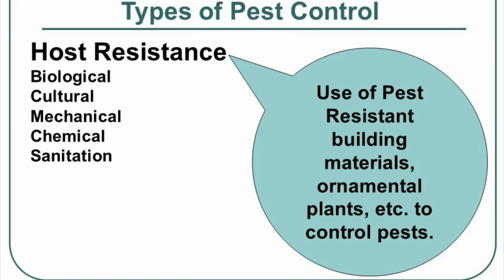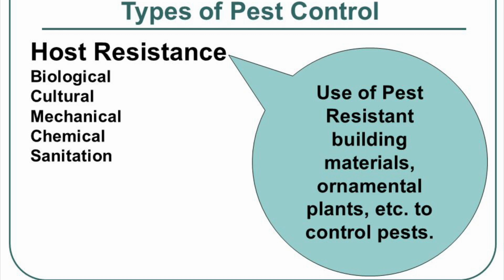So the first one is host resistance. Basically, host resistance is using a pest resistant building material, ornamental plants, etc. to control pests. Basically, you're looking at the plant itself and you're seeing what are its qualities that make it resistant to a particular pest. Some plants have thorns, some plants have really leathery leaves, things like that.